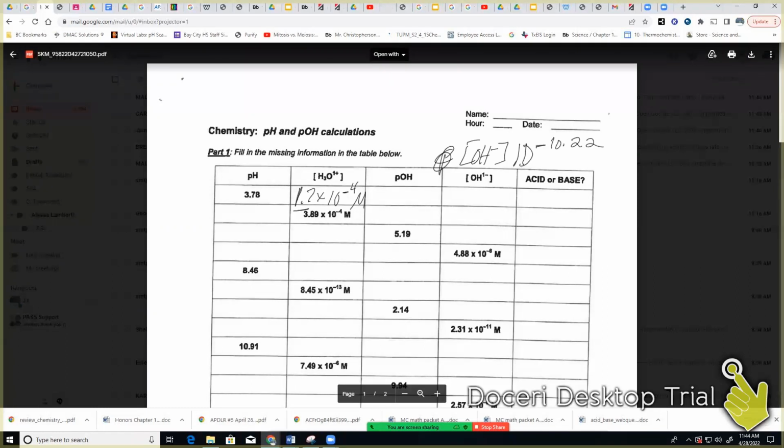And same thing, that looks like 4 sig figs, but because it's a pOH, it's just the 2 behind the decimal. So you should get 6.0 times 10 to the negative 11. And once again, that's molarity. Are we good on that?